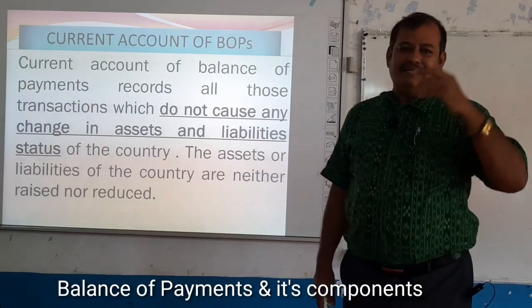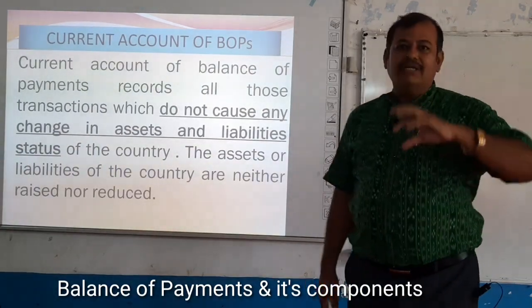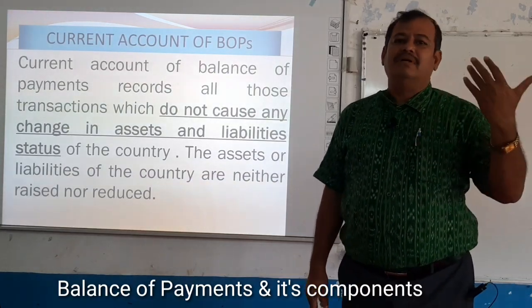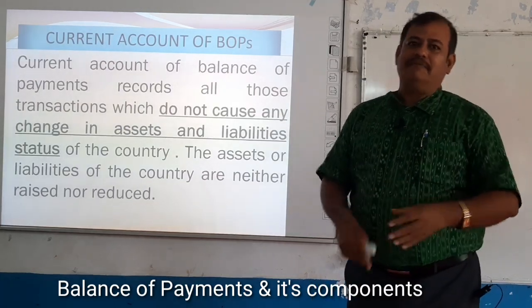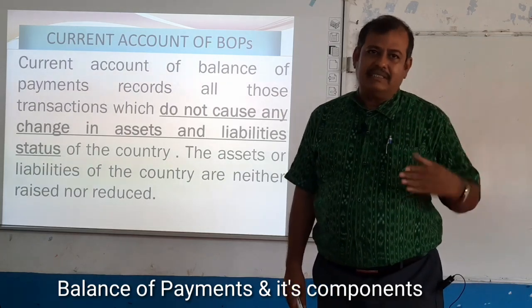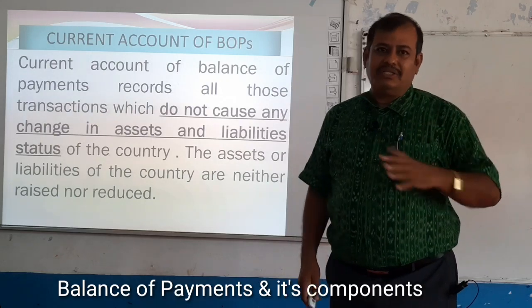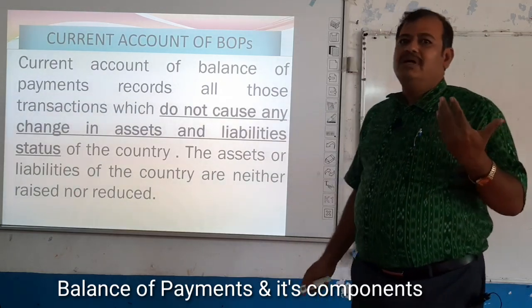Current account balance refers to those items which do not make any change in the assets or liabilities of the country. That means by making these current account transactions, neither the assets nor the liabilities of the country increase or decrease.